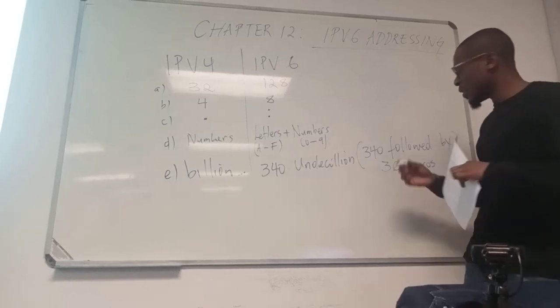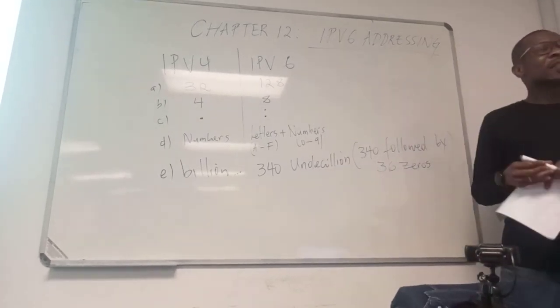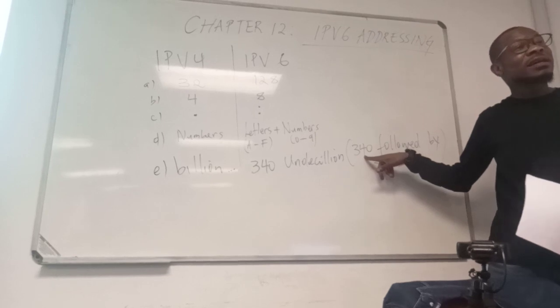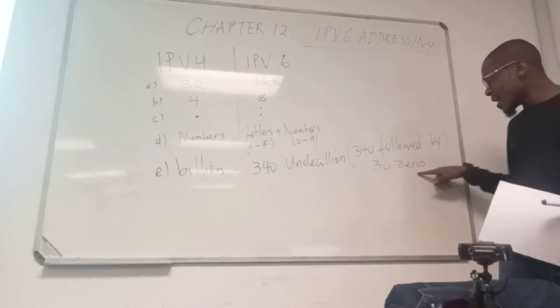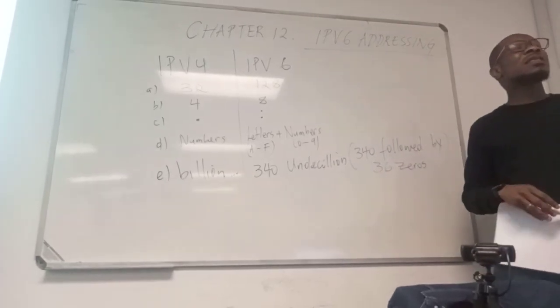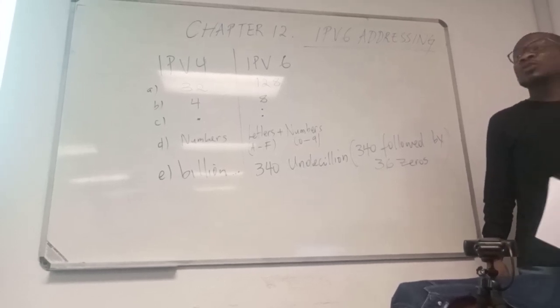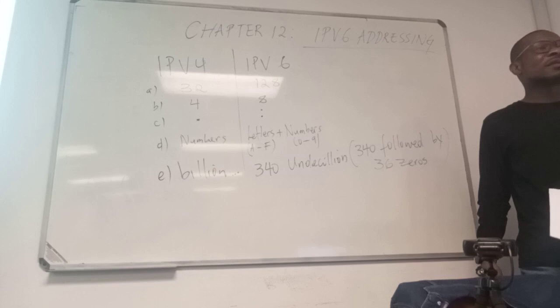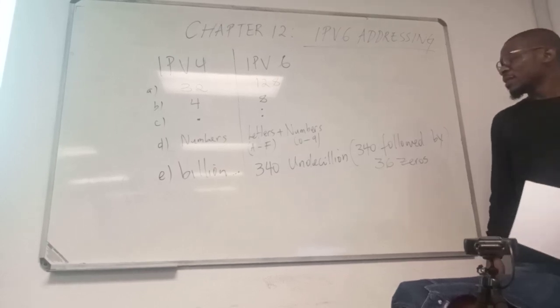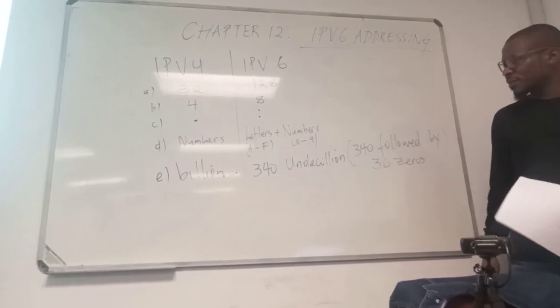You see how they are a lot? So you put first 340, then you add 36 zeros. This is the total number of IPv6.